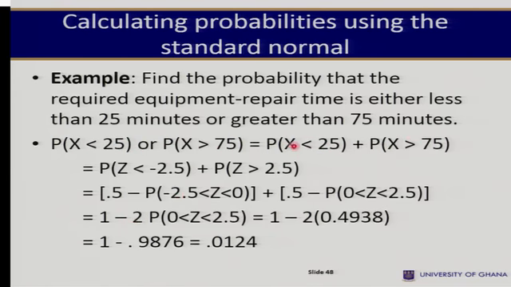So less than 25, its Z counterpart is Z less than minus 2.5. Greater than 75, its Z counterpart is greater than 2.5. So you can find this one and find this one also and add, and we've manipulated it. Now, by symmetry, this and this are the same. So you can write this as twice the value of one of them. And then you get your probability value as 0.0124.